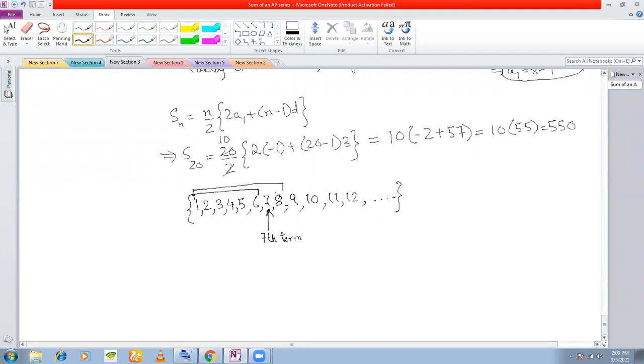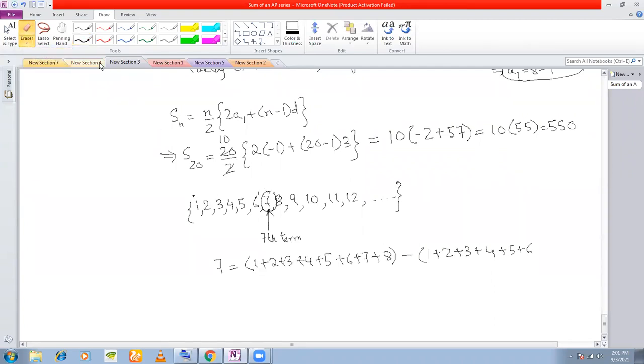What you see is that here this term, the 7th term, if you take the sum of the first 8 terms, and you take the sum of the first 6 terms, in fact, not first 6 terms, first 7 terms. 7 is the 7th term.